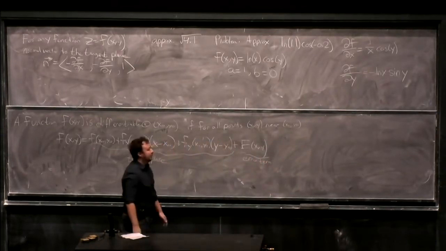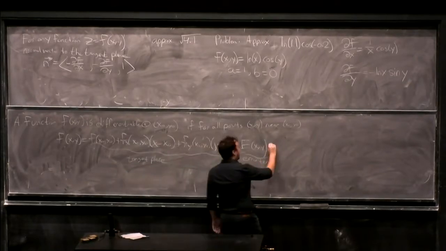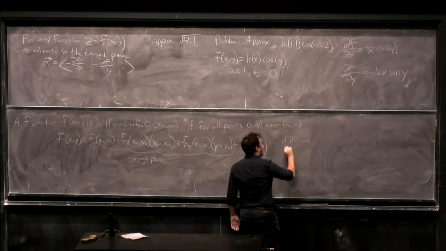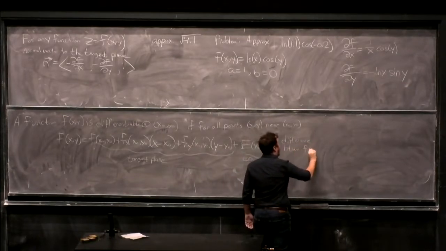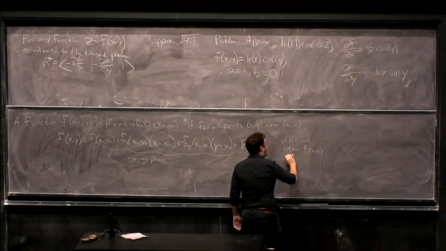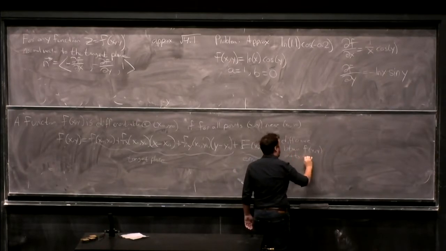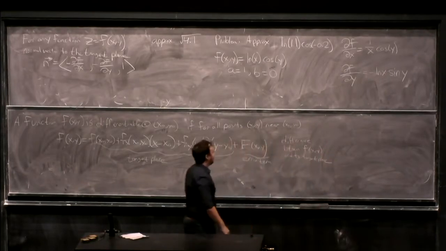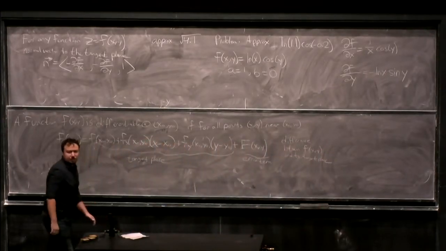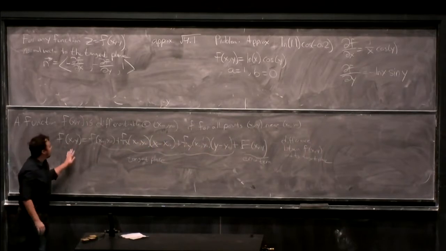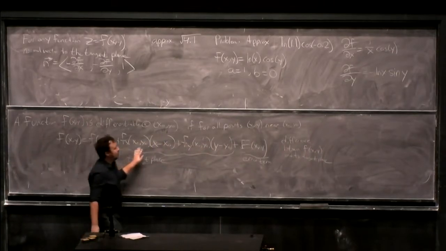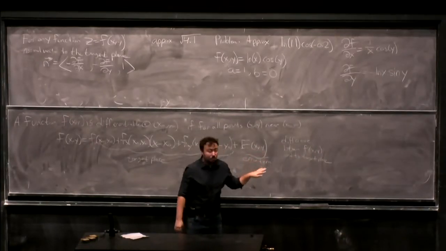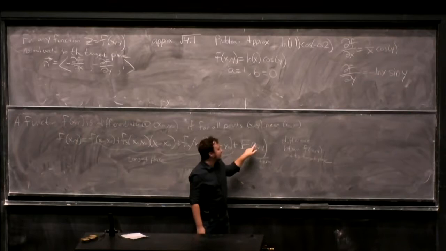This is the difference between f of x, y and its tangent plane. So this equation is starting to make sense now because we have a function which is its tangent plane plus some leftover stuff. And we have a special thing that this needs to satisfy.